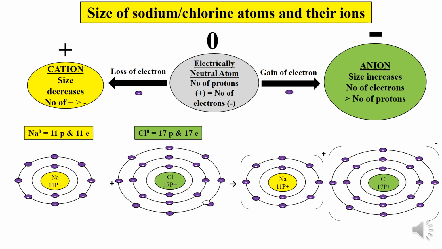Let us count the number of protons and electrons after the formation of the sodium ion and chloride ion. In the case of the sodium ion, the number of protons is 11, but the number of electrons is reduced by 1. In the case of the chloride ion, the number of protons is 17, but the number of electrons is increased by 1, that is 18.